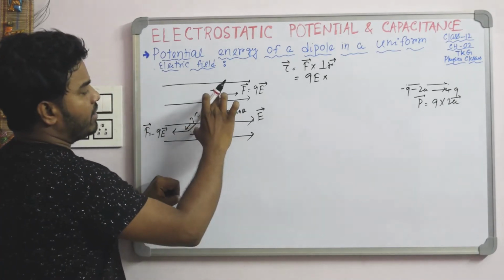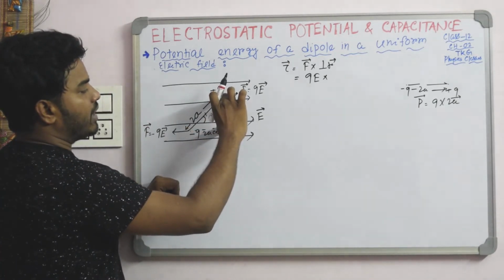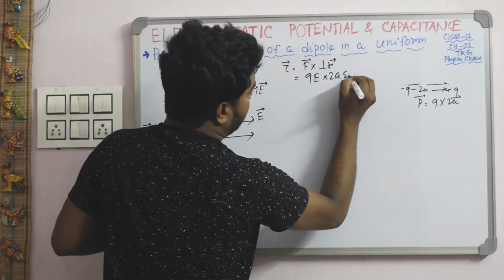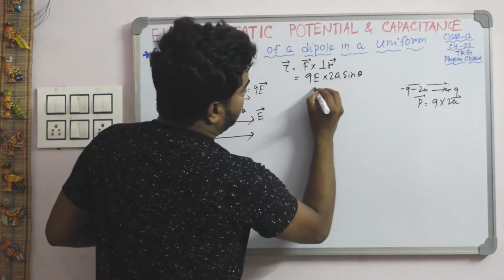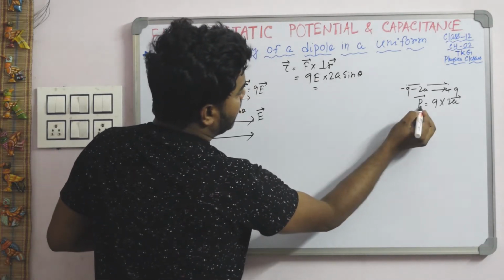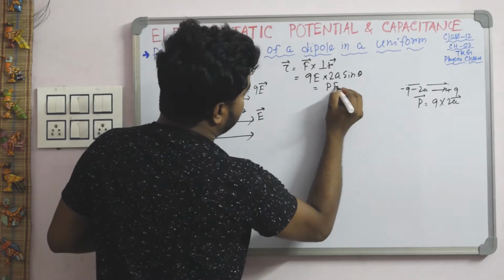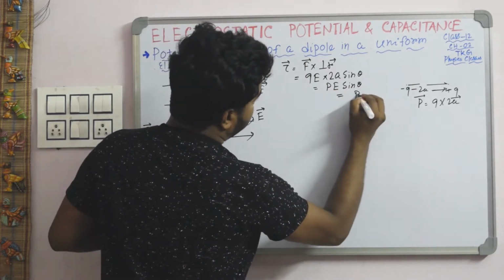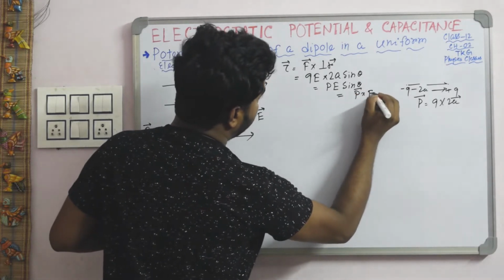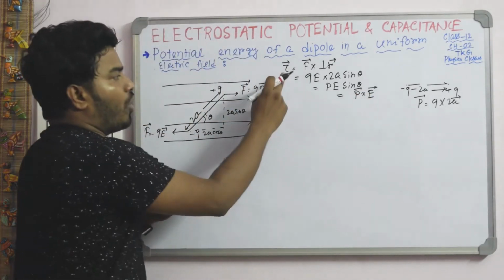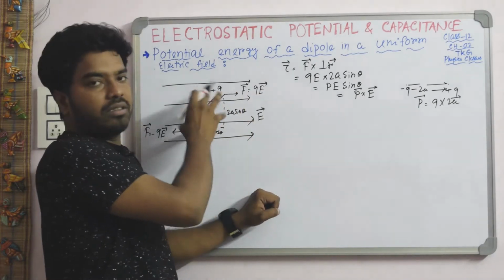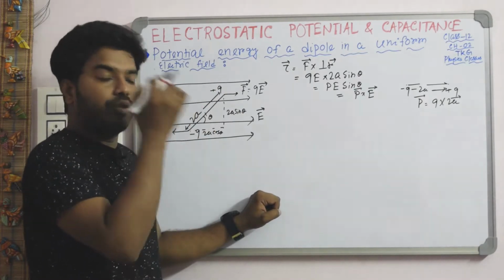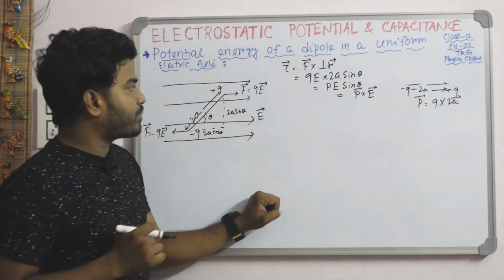So the perpendicular distance between the two charges is 2a sin theta, and the expression becomes q into 2a, which represents the dipole moment P, so tau equals P E sin theta, which in chapter 1 is P cross E. You know the formula, the torque exerted by this couple made by two equal and opposite forces.